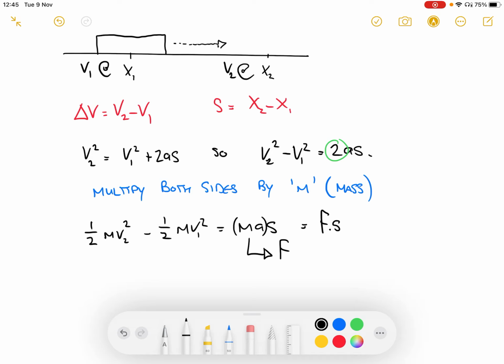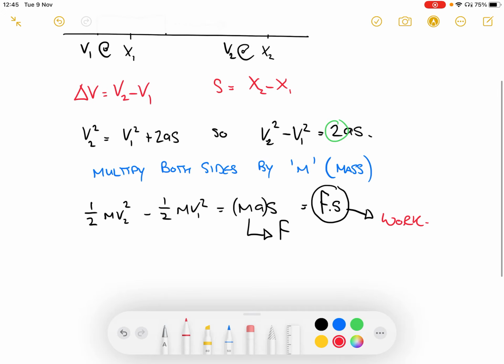F times s is the definition of work in one dimension here on the box. So F times s is the work done on the box. So what this is telling us is that this quantity, 1/2 mv2 squared minus 1/2 mv1 squared on the left, is equal to the work done on the box.